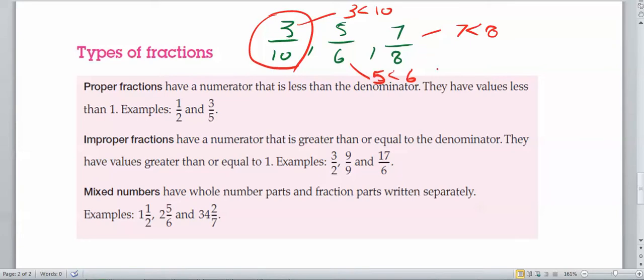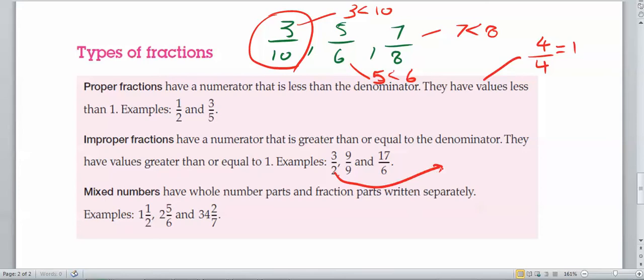The improper fractions are where the numerator is greater than or equal to the denominator. Now if it's equal to the denominator though, then it's just one whole, isn't it? So if we were to have, say, 4/4, we wouldn't write that as a fraction because 4/4 is equal to 1. Okay, but in this case, let's have a look at these.